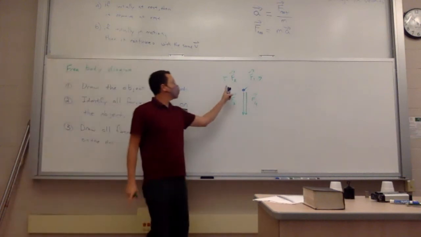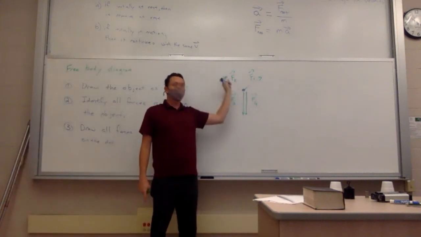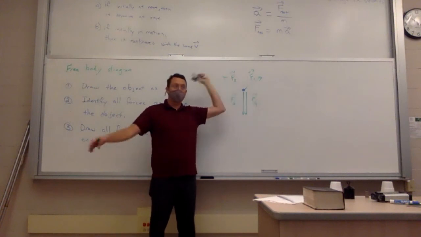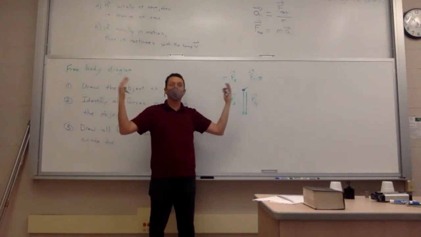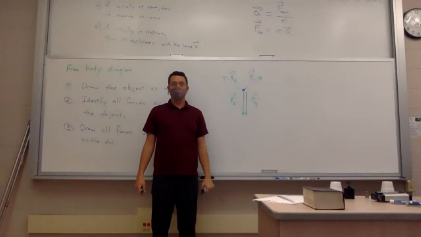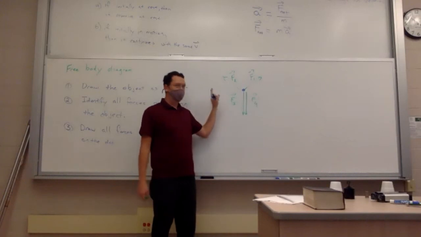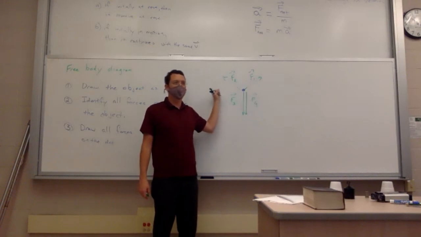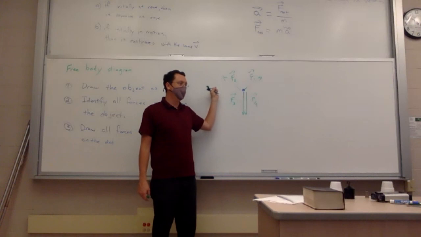If the forces are at angles, I draw them at angles. If the forces are perpendicular or parallel, I draw them that way. I have to make the forces align with what I think they should be. Questions? Don't put acceleration in the force diagram. It's not a force.